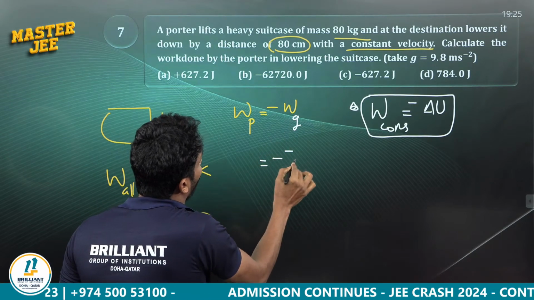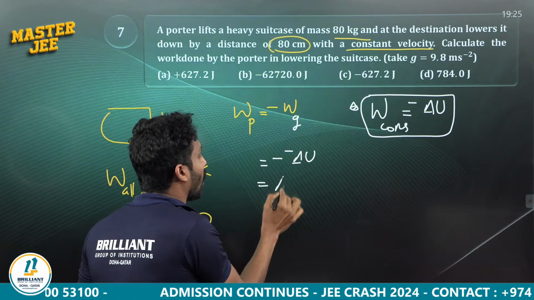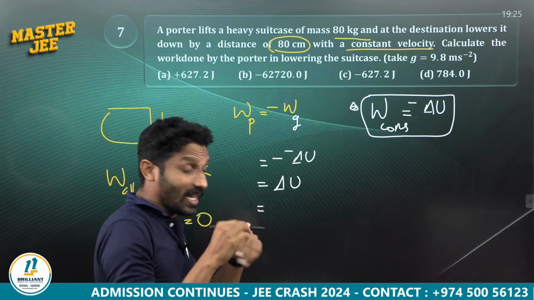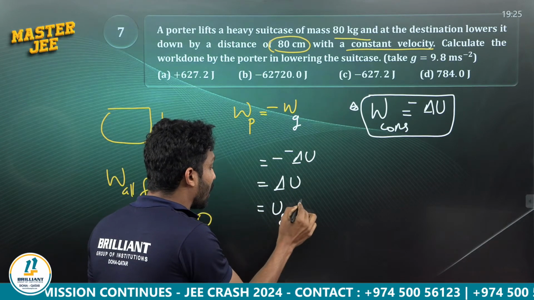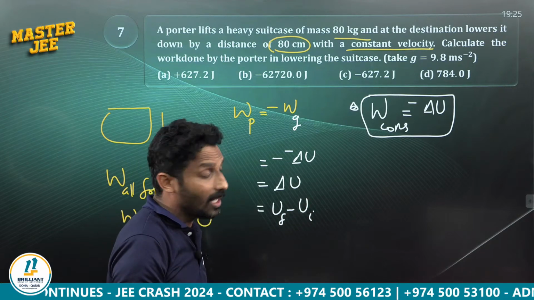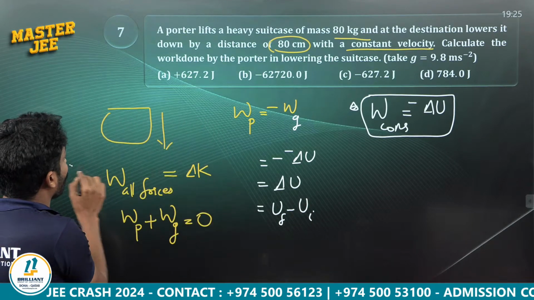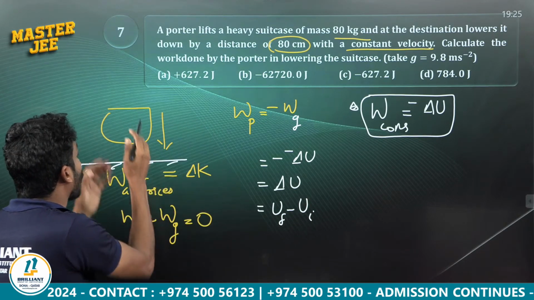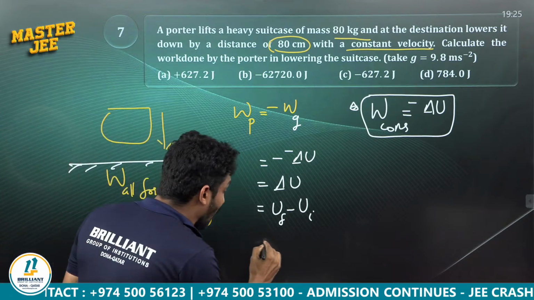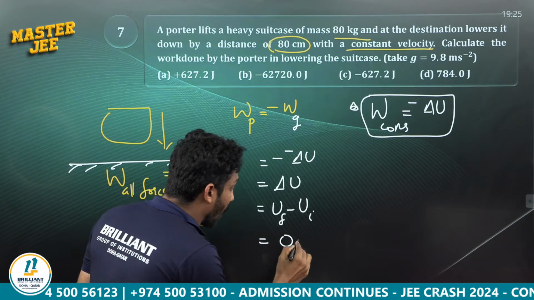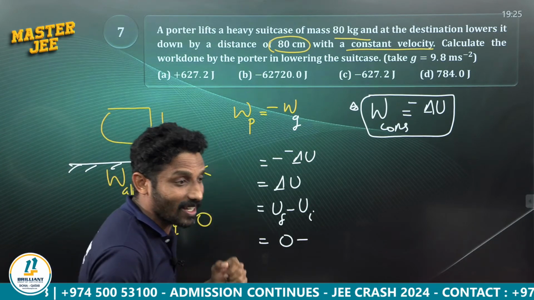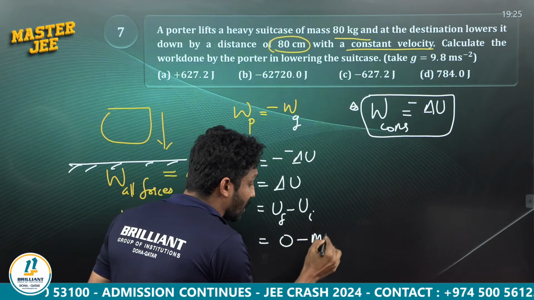So minus delta U, where delta U is the final potential energy minus the initial potential energy. Here, what is the final potential energy when the box is placed on the ground? It is 0, minus the initial potential energy, which is mgh.